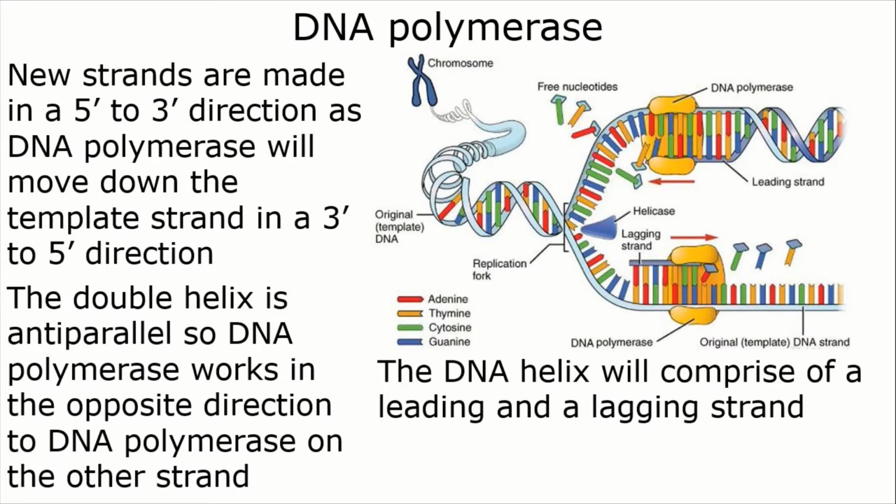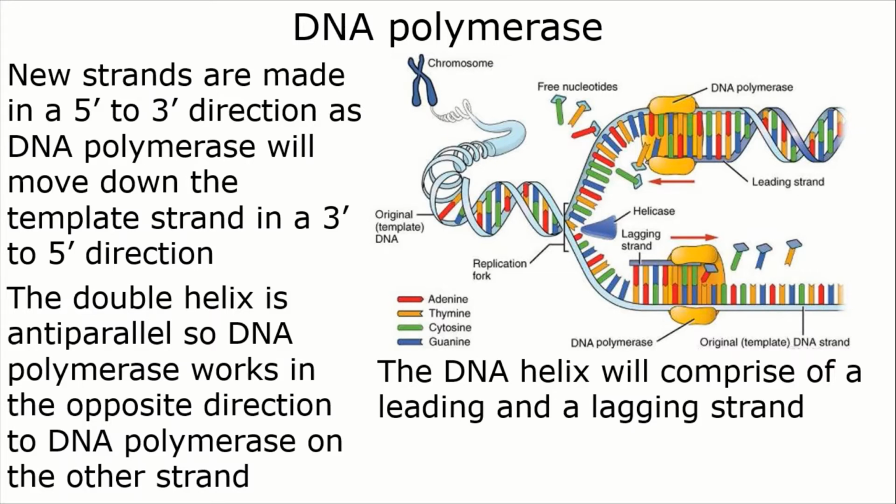Now, in our lagging strand, the exposed end of our original DNA strand will be the 5' end, which is not complementary to polymerase's active site. So instead, what will happen is that in the unwound portion of the DNA helix, another enzyme will come in and it will break the sugar phosphate backbone, therefore exposing a 3' end of DNA.